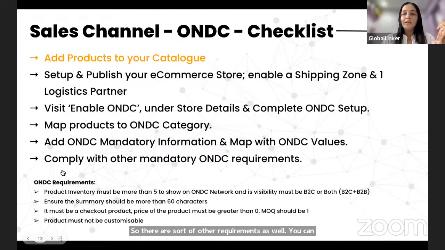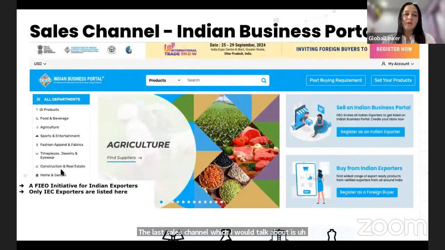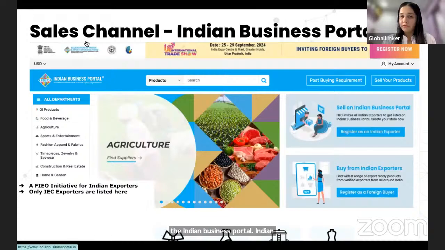The last sales channel which I would talk about is the Indian Business Portal. Indian Business Portal is an initiative by FIEO, the Federation of Indian Export Organizations. It is backed by the Government of India, and they have created this portal so that SME exporters get the necessary visibility, so that foreign buyers actually come and place inquiries over here.